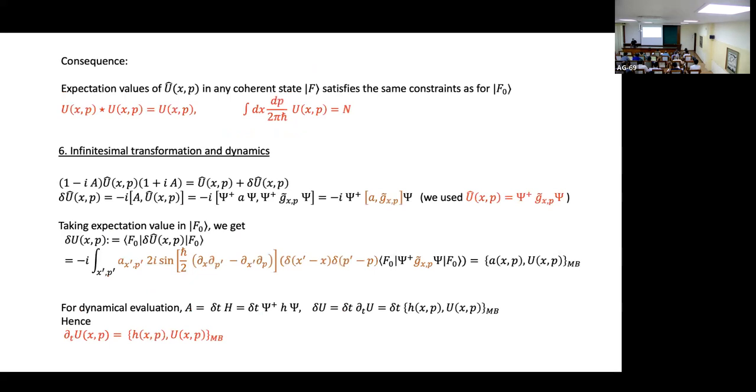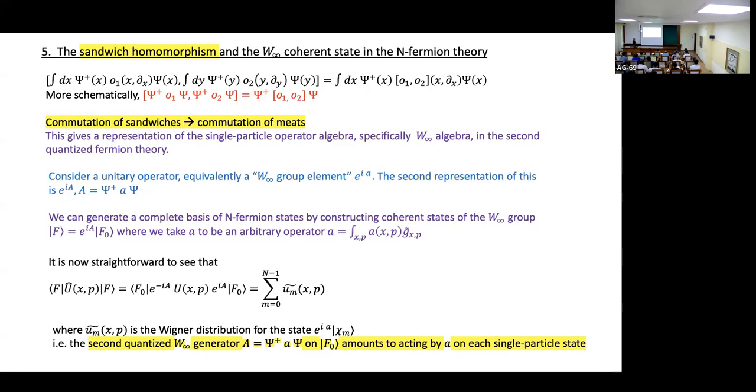So the point is that on single particle Hilbert space states, you can apply this group element e to the power i little a, where little a is some linear combination of these W infinity generators. The corresponding thing in the second quantized theory is just capital A, which is this. This happens because of the sandwich homomorphism that I talked about.